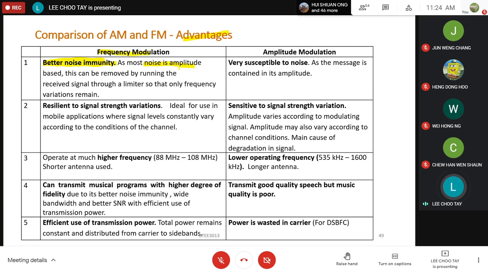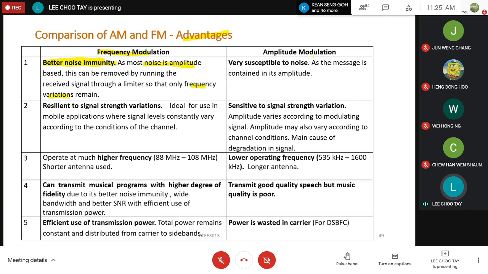For an FM signal, the amplitude is always constant, so any variation to its amplitude, we're not worried because later on we're going to limit the amplitude with the limiter. The message is contained in the frequency variation, so we're not so worried about the noise, which is amplitude based.